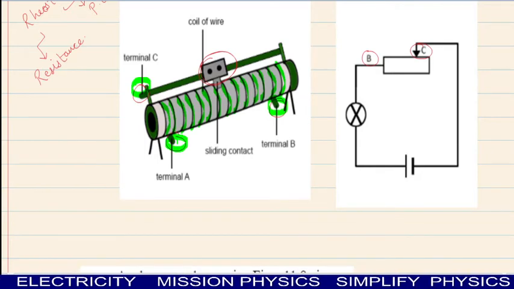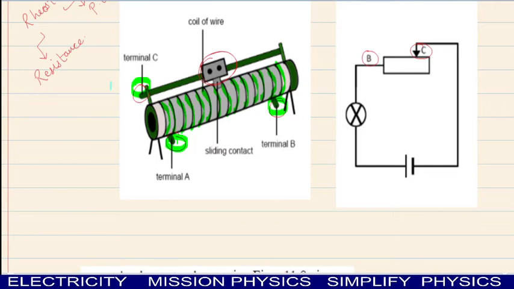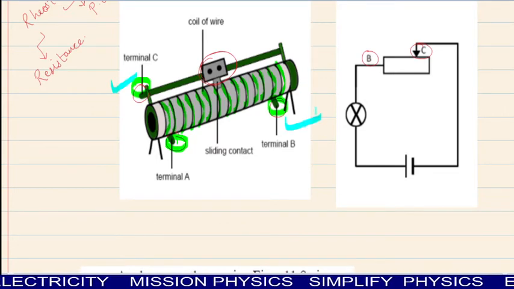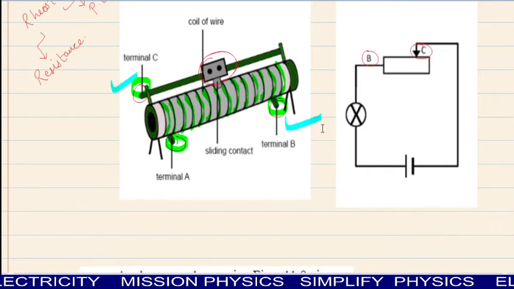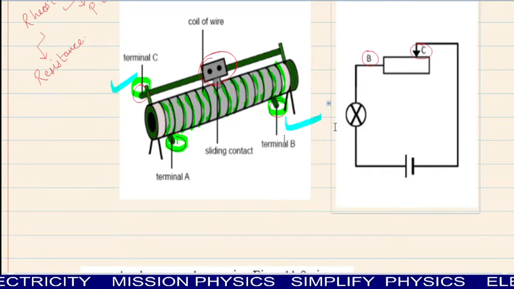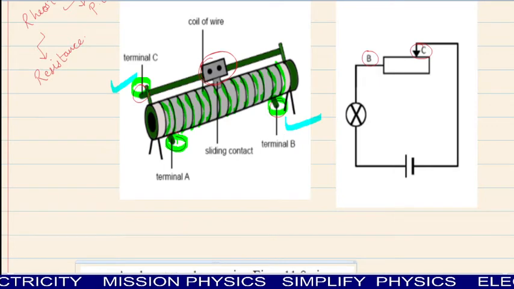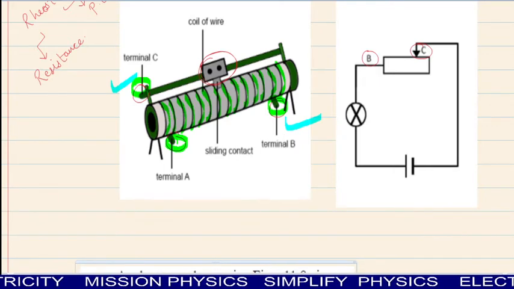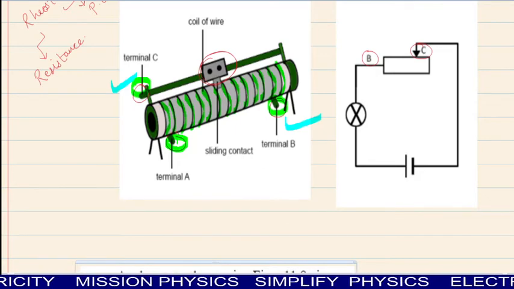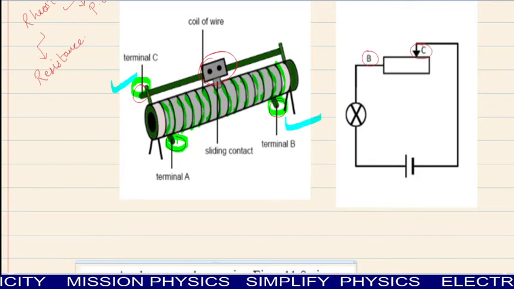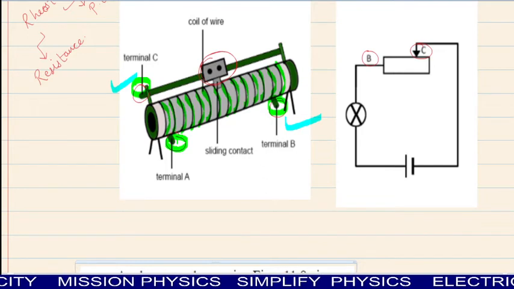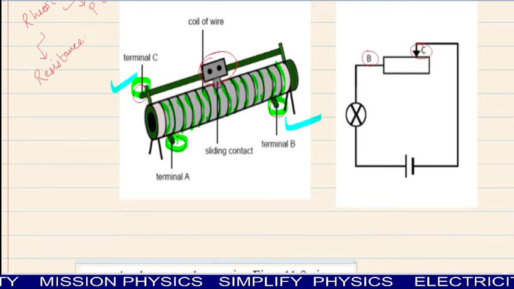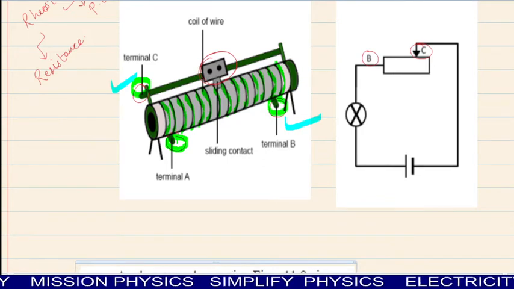But when we are using these two terminals, like one upper terminal and the other lower terminal, then it is used as a resistance changing or resistance adjusting device. So a rheostat is basically a resistance adjustment device in which a metal wire is wound in isolated turns on a cylindrical arrangement. Okay.